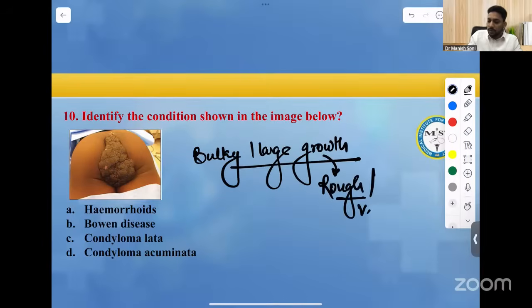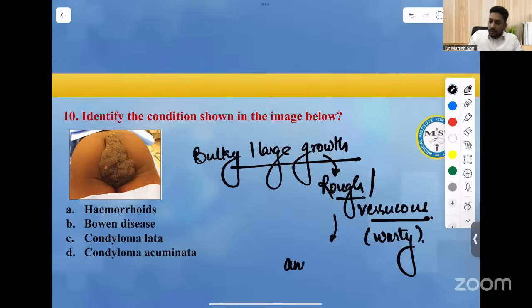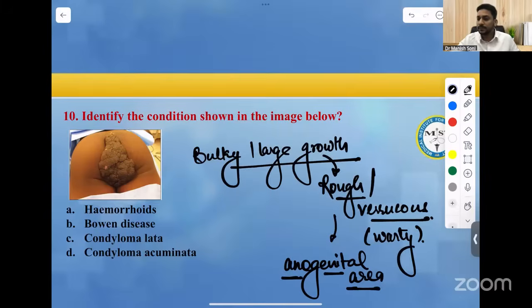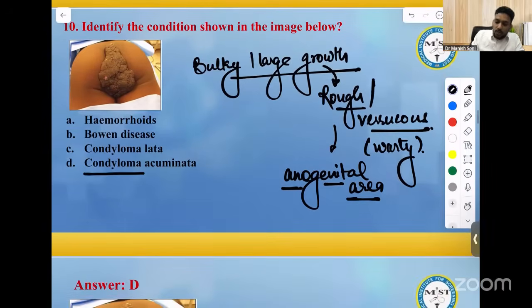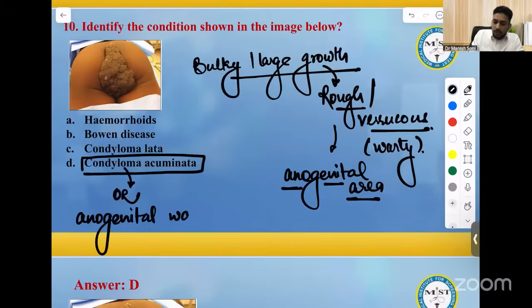Rough means verrucous, that is, a warty growth in the anogenital area, around the anal and genital area. This is a case of condyloma acuminata, also known as anogenital warts.